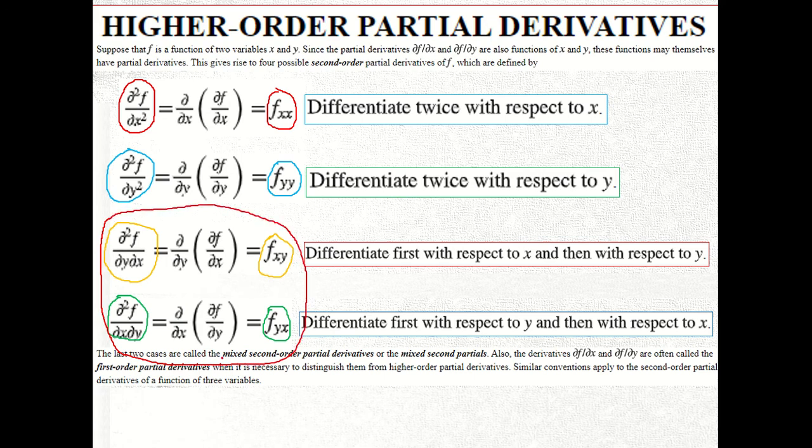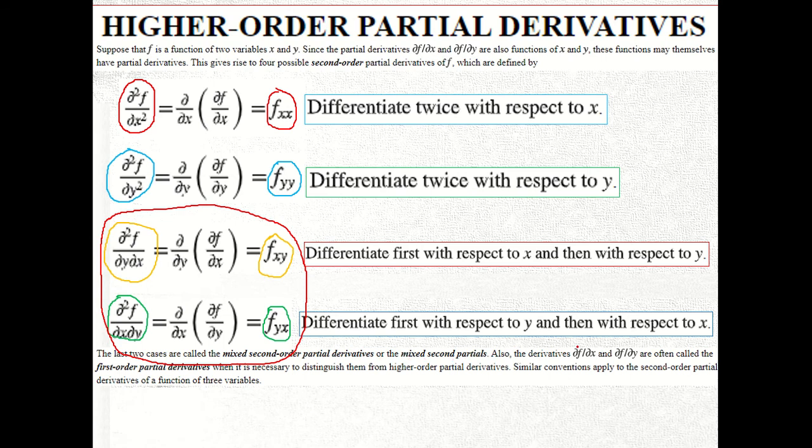So the last two cases are called mixed second order partial derivatives or the mixed second partials. So these are the terms. Remember this. The last two cases are called the mixed second order partial derivatives or simply the mixed second partials.